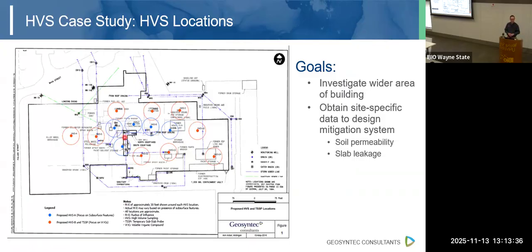We just focused on the pneumatic properties and did the full HVS test where we're looking at CO2, O2, VOC concentrations around there. So, to establish where we need to mitigate, and then collecting data about that transmissivity and leakage to design a mitigation system.